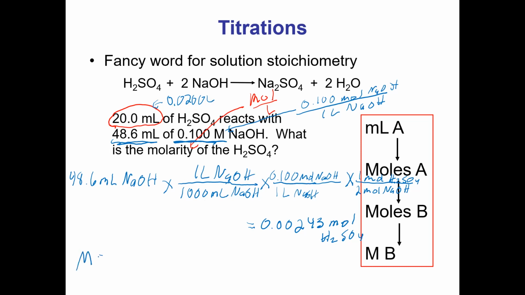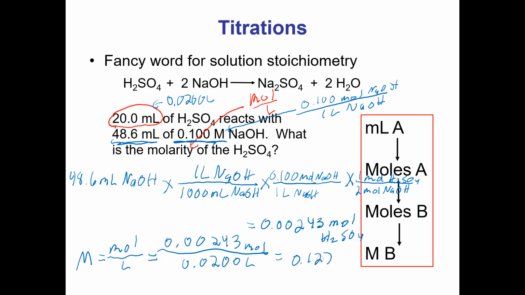So to calculate the molarity of sulfuric acid, moles per 0.0200 liters. So if we divide that out, we come out with 0.122 molar sulfuric acid.